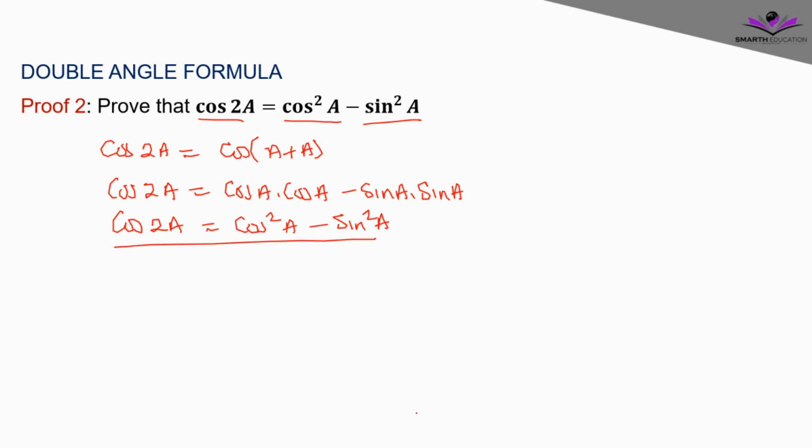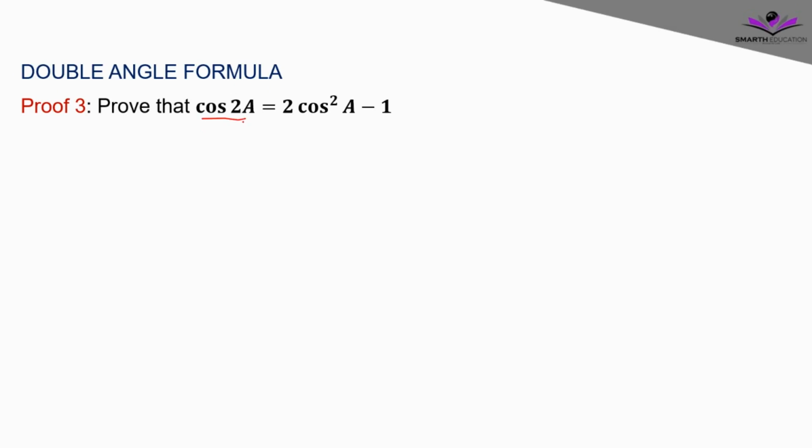Let's prove the third one. We are required to prove that cos 2a is equal to 2 cos squared a minus 1. Right, we say that cos 2a is equal to cos a plus a, like this. We've done this in the previous one. Let me just write that. We just proved that cos 2a is equal to cos squared a minus sine squared a.